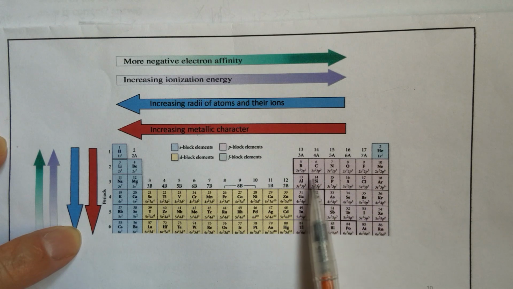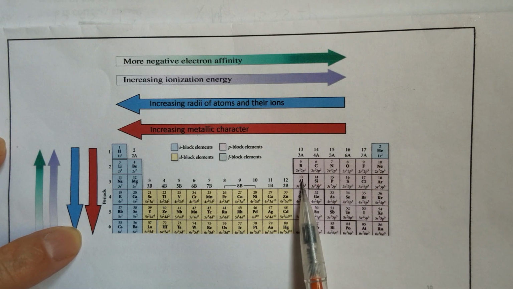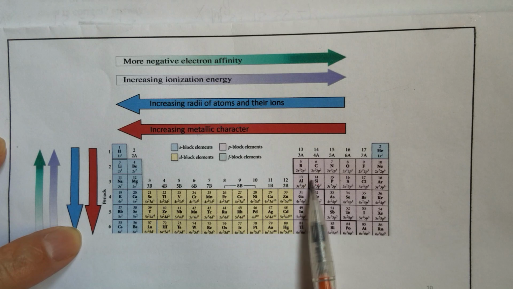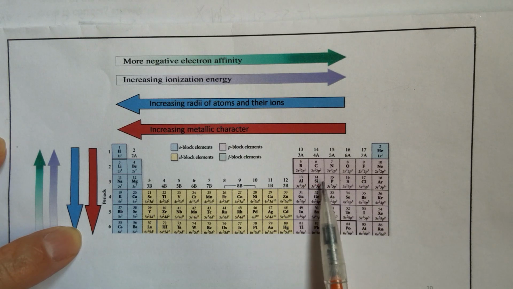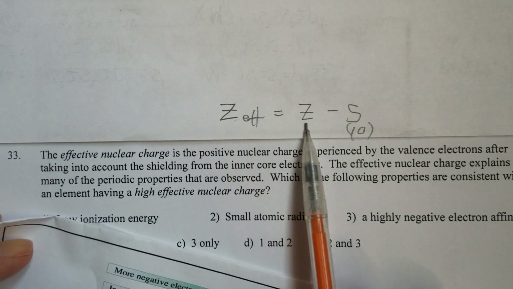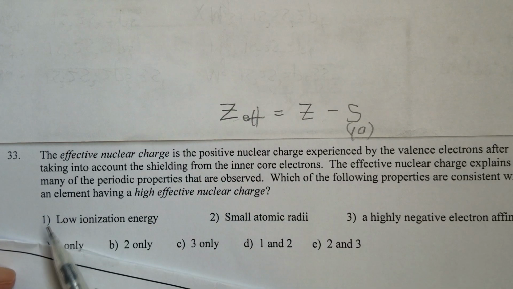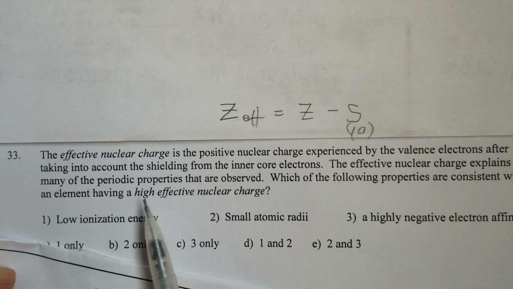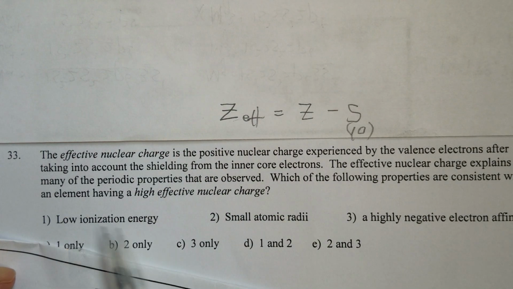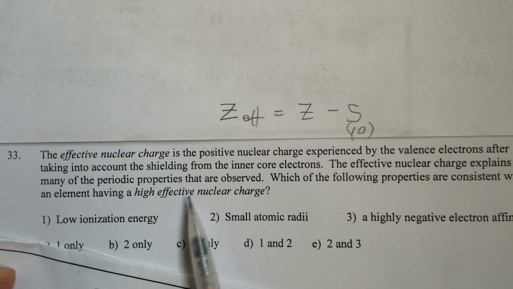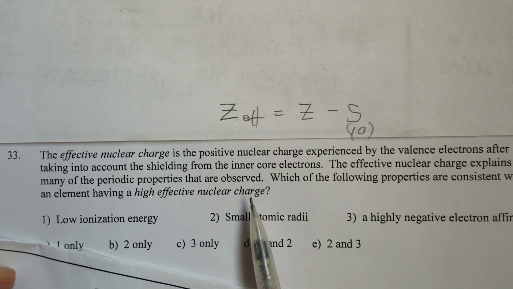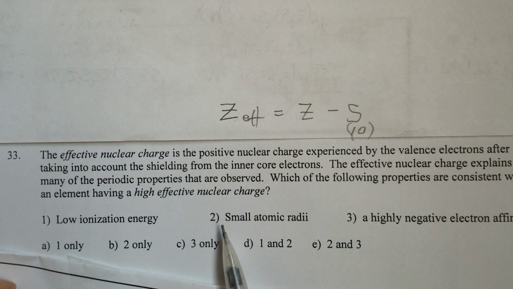Then low ionization energy means the atomic number is lower than the others. So if the atomic number is lower, then the ZEFF is also lower. Whatever elements have this kind of property would not have a high effective nuclear charge.